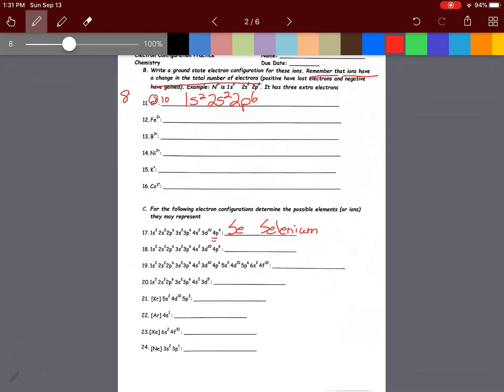Now this says you might get ions, and so 18 could be an ion. Let's think about that for a second. Okay, we have 4p6. I'm going to go down to 4p6, and that belongs to krypton.